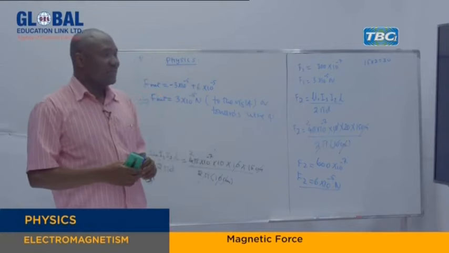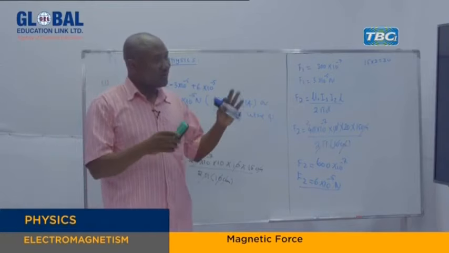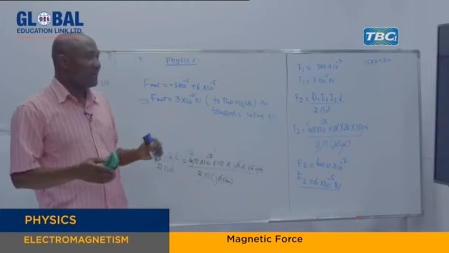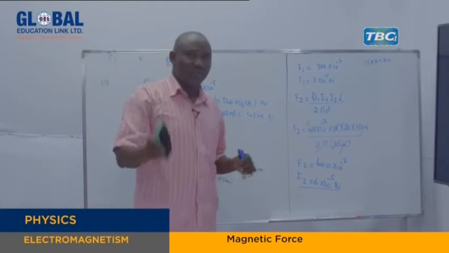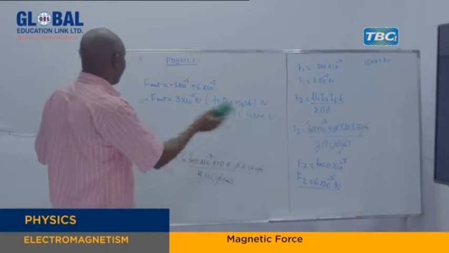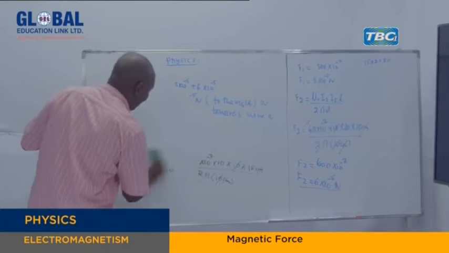This is example number 1, where you can be given a question like that. So you have 3 wires, and you are looking for the magnetic force on a certain wire which is in the middle, midway between the wires.